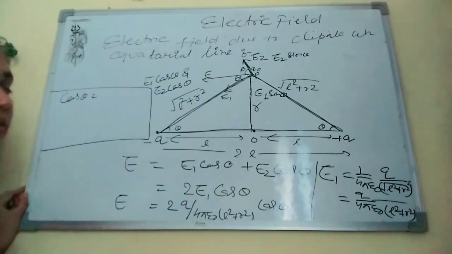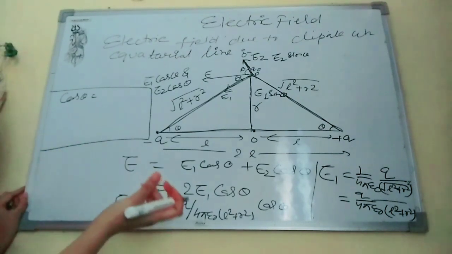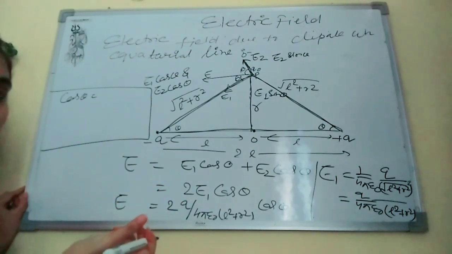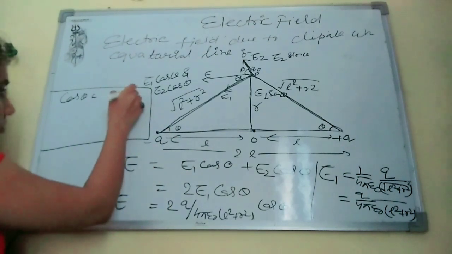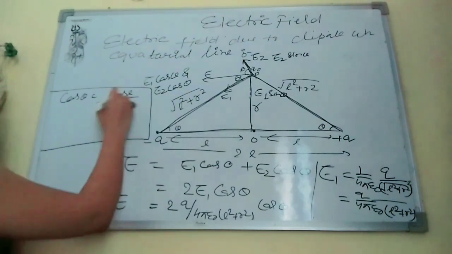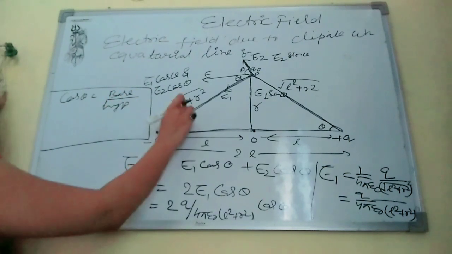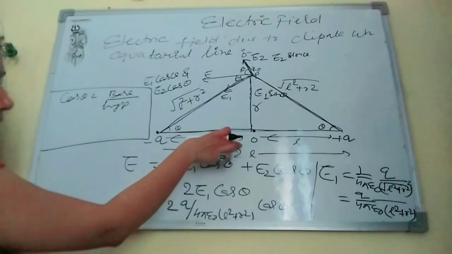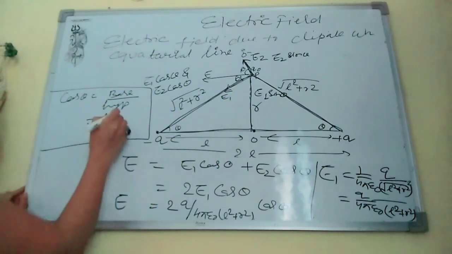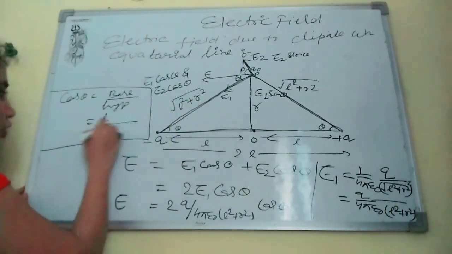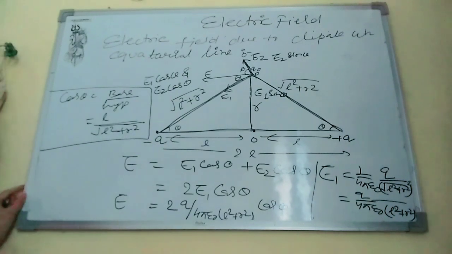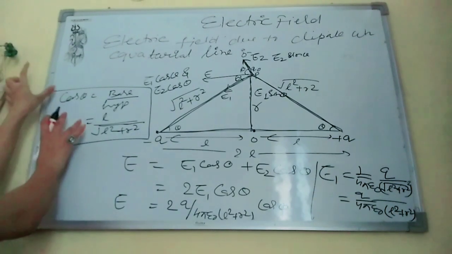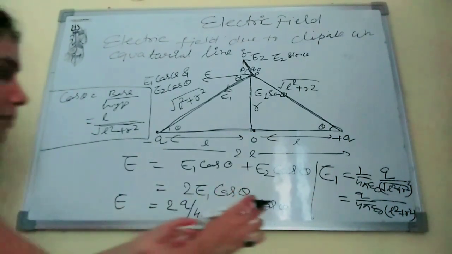Cos theta is, by trigonometry, base upon hypotenuse, and here base is L, and hypotenuse is the root over L square plus R square. Okay, now we get the value of cos theta. We simply put it here.